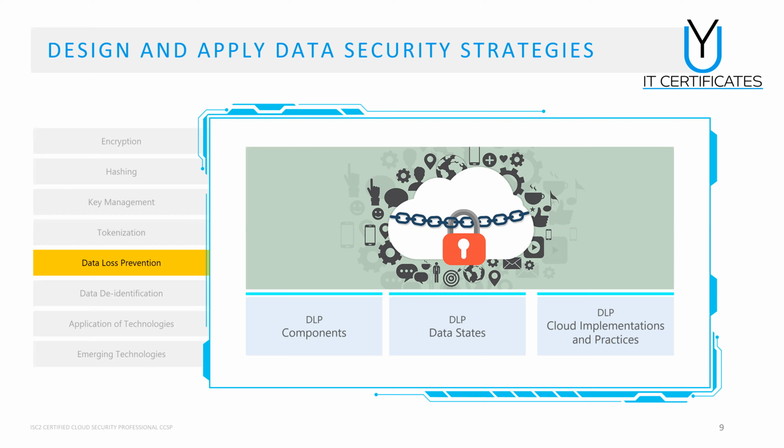The DLP data states, as we mentioned, are the three different states of data: data at rest, data in transit, and data in use. A data loss prevention solution should deal with all these data types. DLP components, software or agents are installed on desktops or servers.